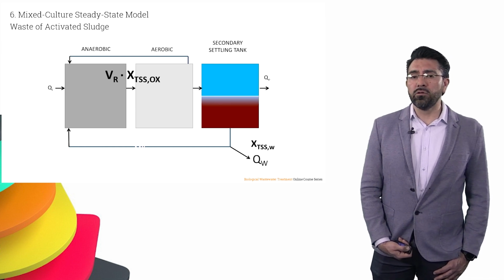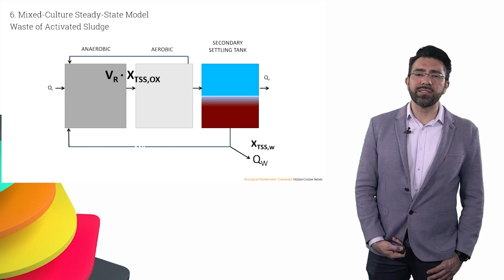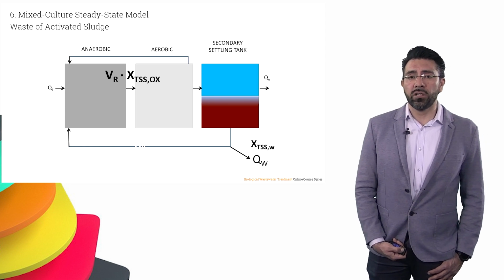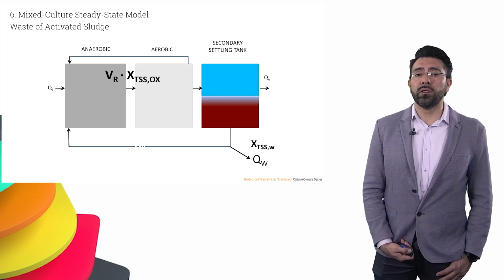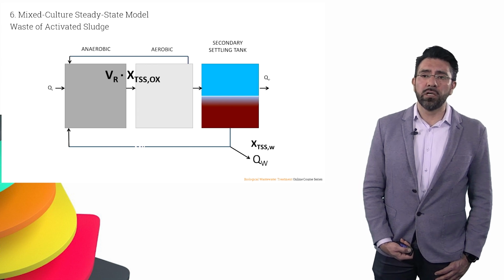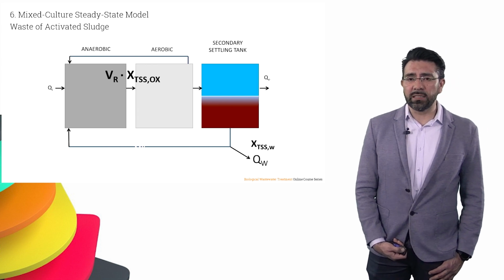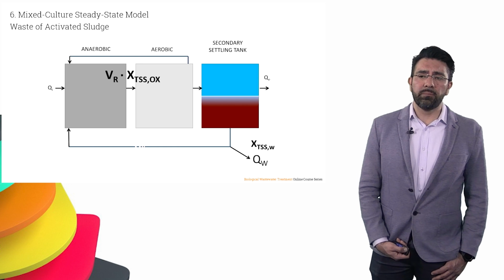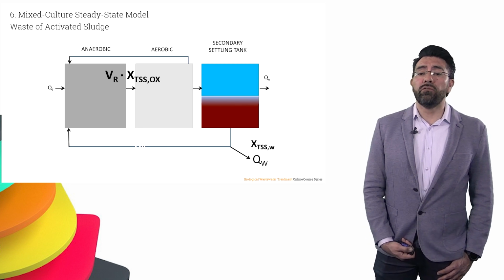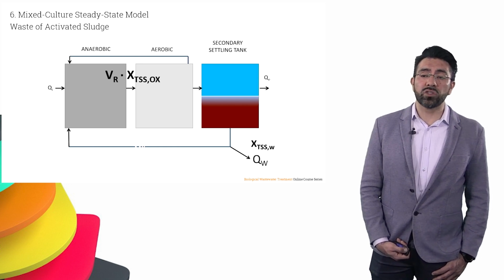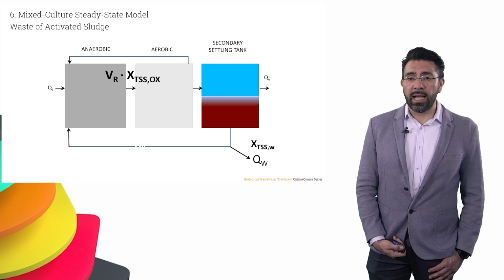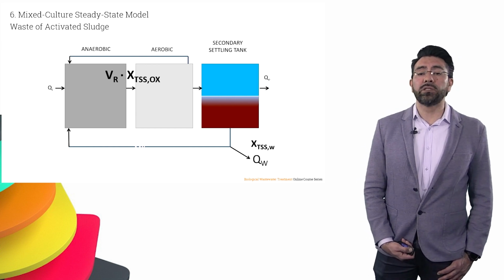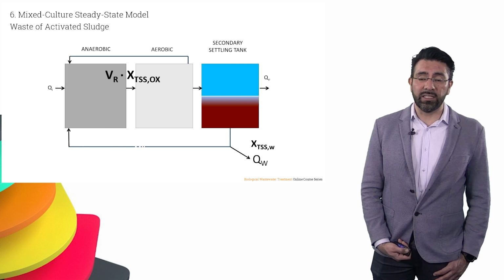For the removal of the excess of sludge, or the waste of activated sludge, we have two alternatives. One of them is to remove the excess of sludge from the bottom of the secondary settling tank. For this particular condition, we need to know first the concentration of solids in that waste of sludge, and we already know the volume of the reactor and the total mass of solids that we have in the system.